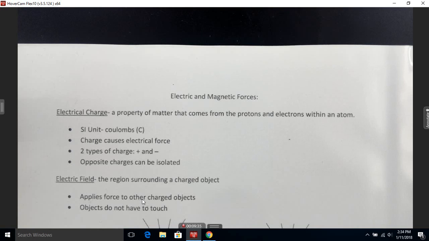Okay. An electric field. Don't make this complicated. I've got a charged particle, and there is space around it called an electric field. We don't see it, but it's a space around it.